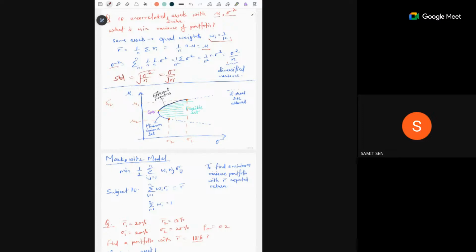First is the feasible set. Feasible set means all the possible combinations of mu and sigma which you can get by combining these two assets, asset 1 and asset 2.